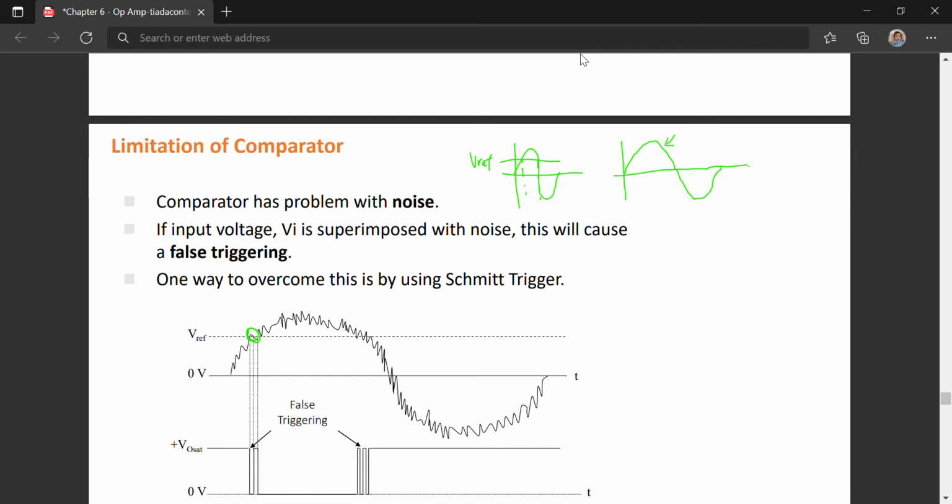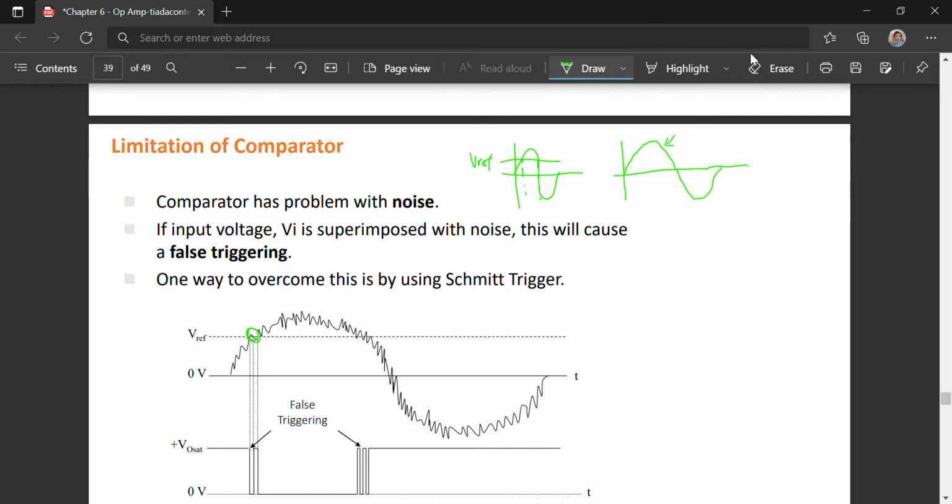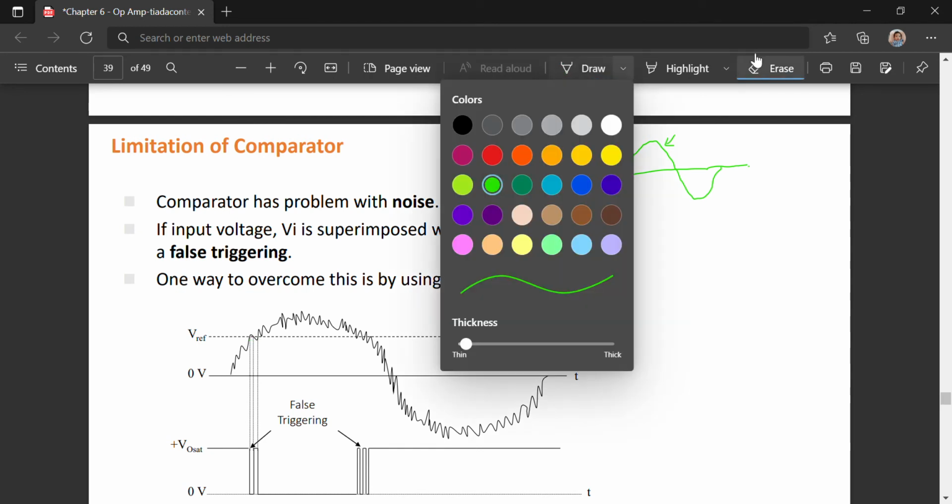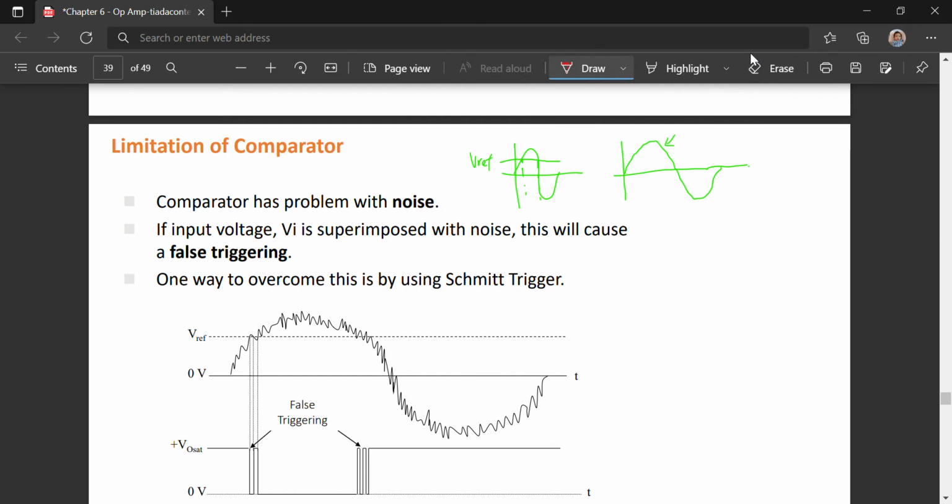But in reality, you can see the sine wave has 1, 2 and 3, 3 intersections of the signal crossing VREF. So this is called a false triggering of the op-amp circuit.